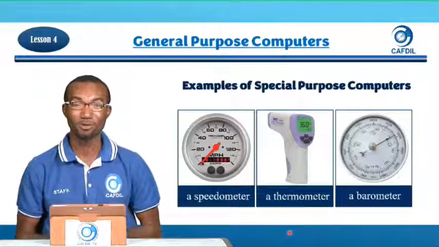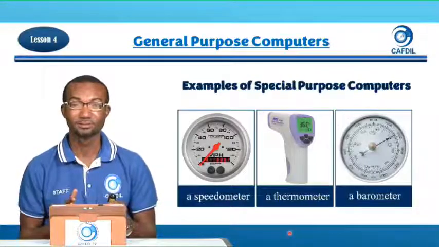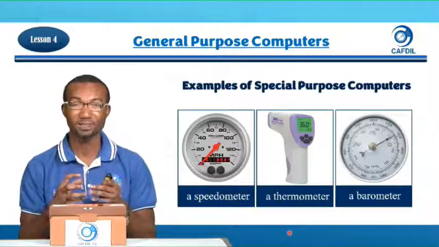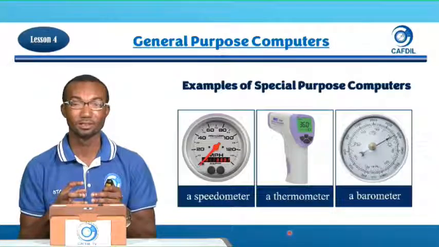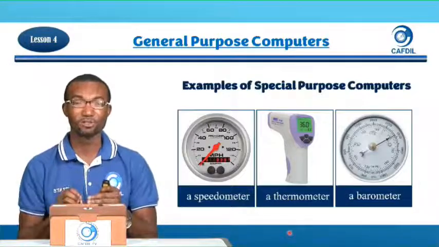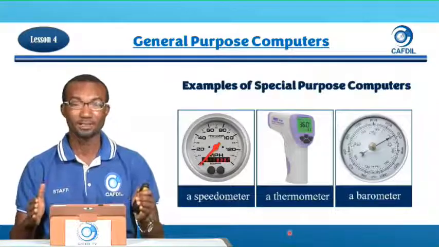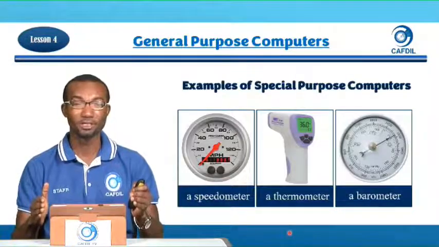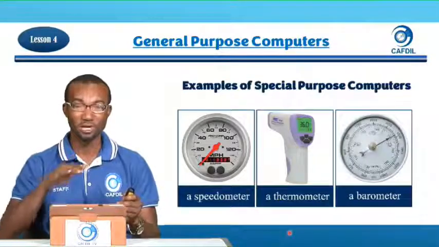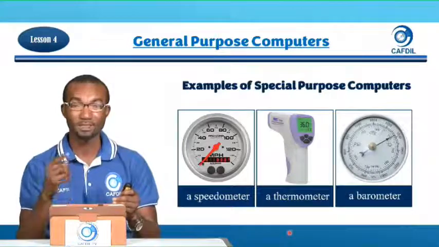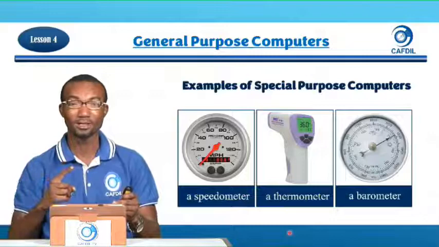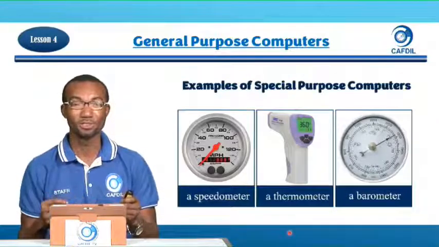The next example is a barometer. A barometer is used to check the pressure of objects. If you look at the meter that Ghana Water Company installs in our houses, you will see this barometer on top. This barometer checks the pressure of the running water that is coming to your homes.